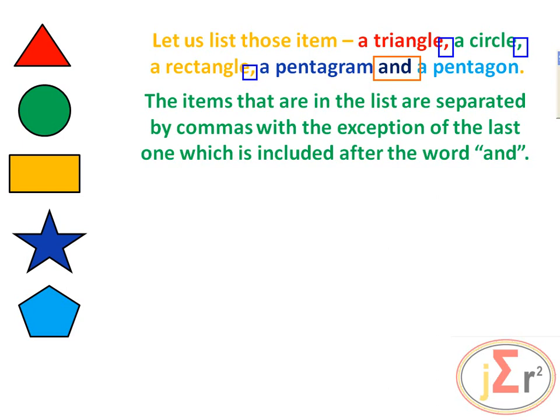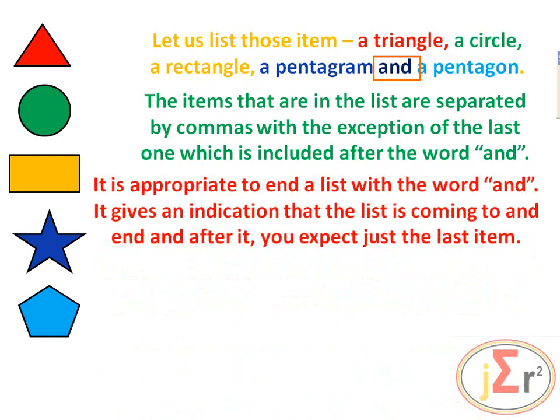So when we have a list, we name them and separate them by commas. Just before the last one, we have the word and, just like in any other list. Triangle, circle, rectangle, pentagram, and pentagon.